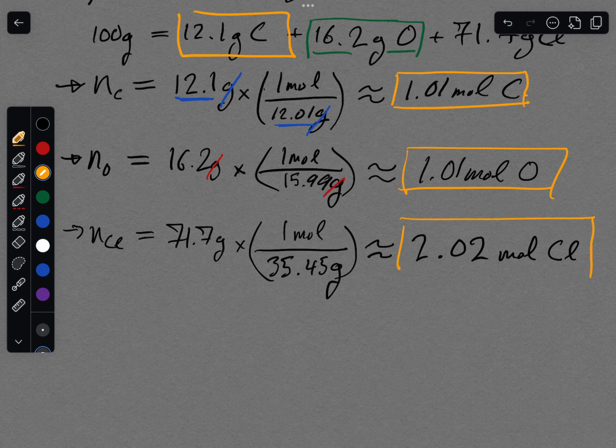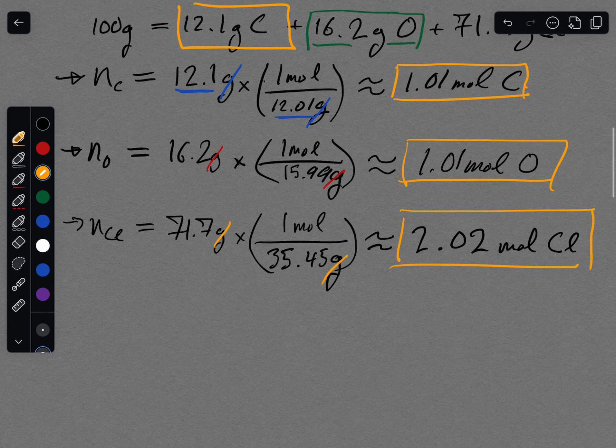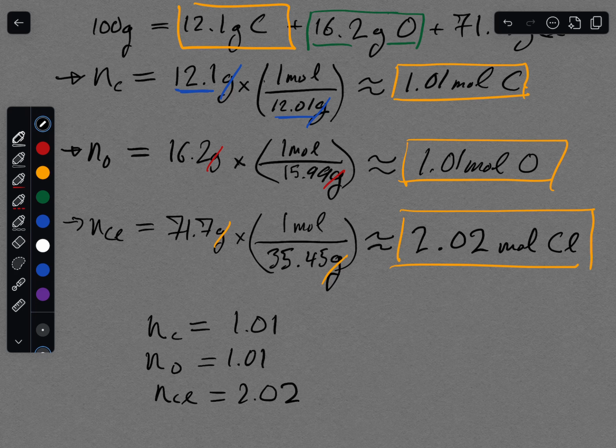So these are my 3 numbers that I need to look at here. So I'm going to just copy them back down. So we have moles of carbon, 1.01, moles of oxygen, 1.01, moles of chlorine, 2.02. These look very, very close to the whole numbers 1, 1, and 2.